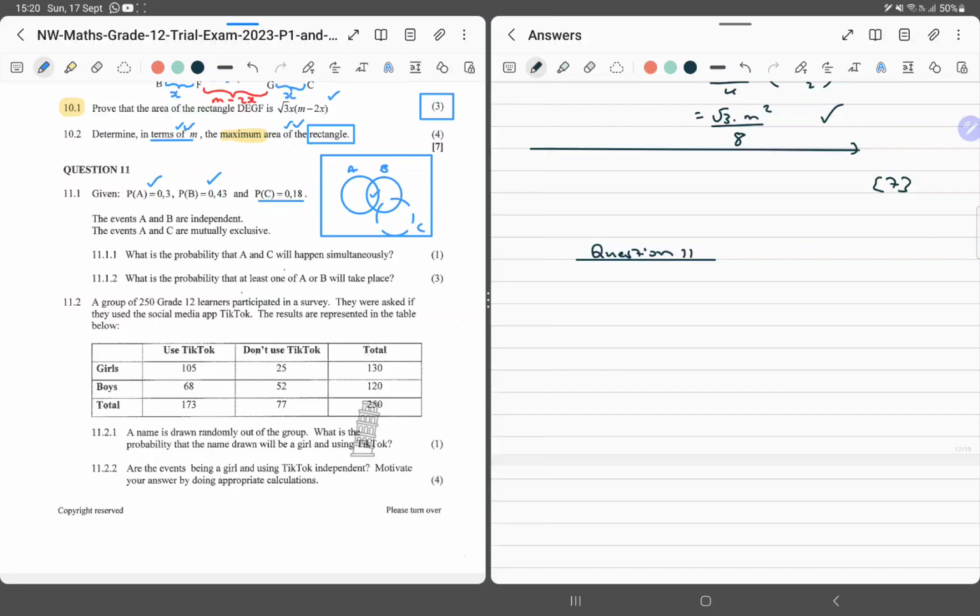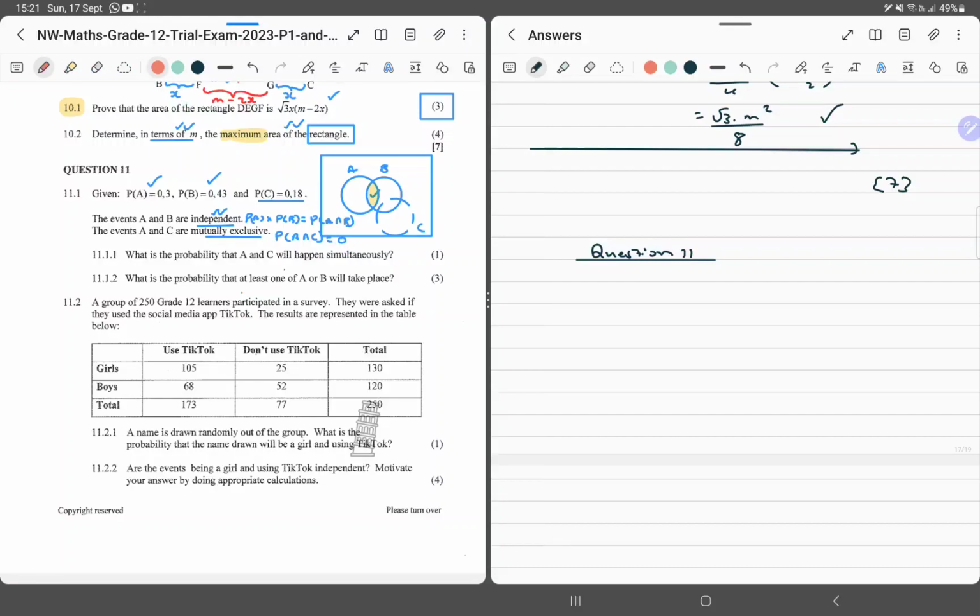But at the moment, we're not interested in a lot of things. It says now, events A and B are independent, meaning the P of A times the P of B is going to be the P of A and B. You know, the product rule applies for independent events, which is why we know this intersection will exist. Now we're told that these two are mutually exclusive, meaning the probability of A and C is 0.